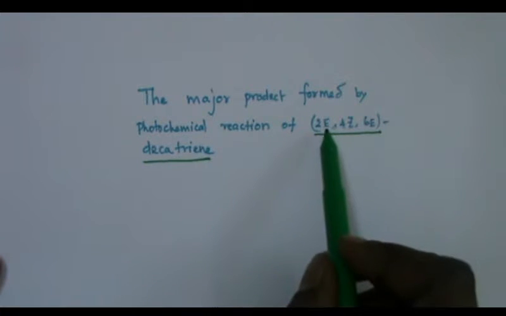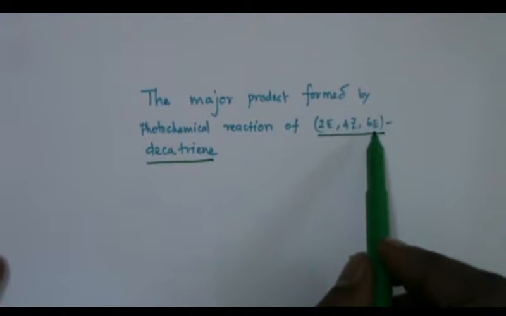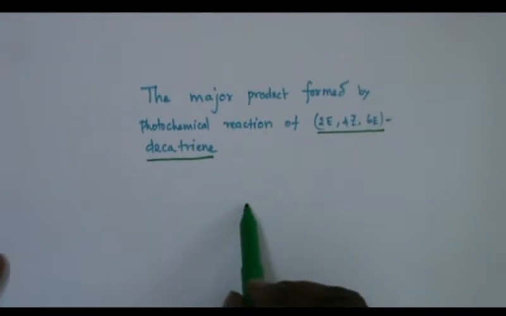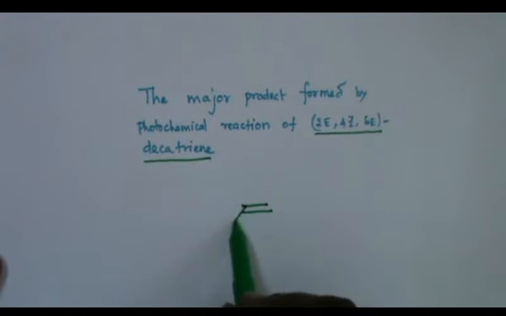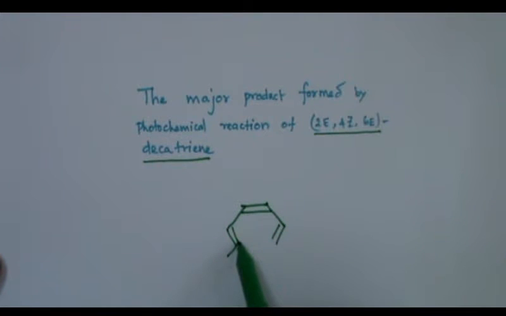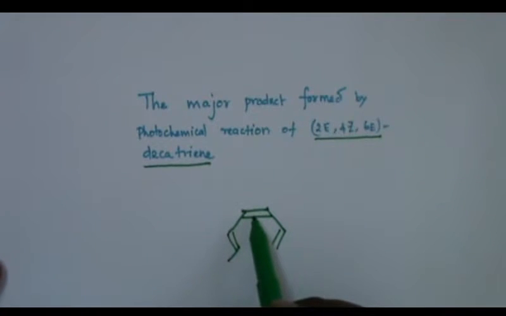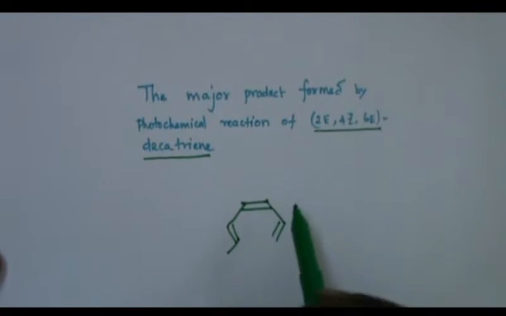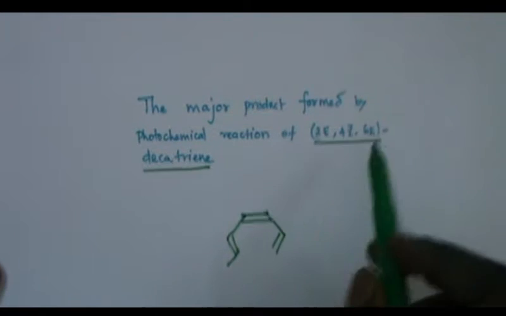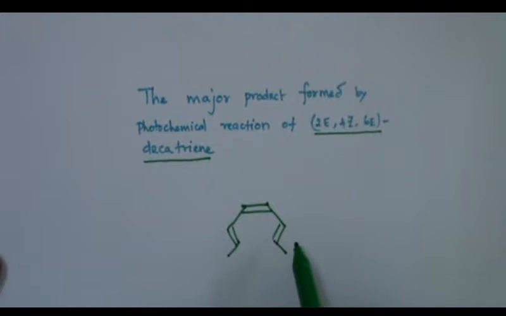The double bonds are 2E, 4Z and 6E. That is, 1, 2, so this is E, 2E. 3, 4, this double bond is Z. 5, 6, here it is E, so trans.